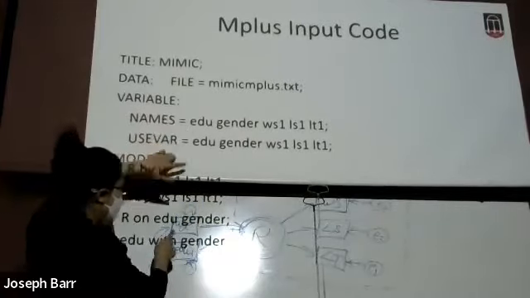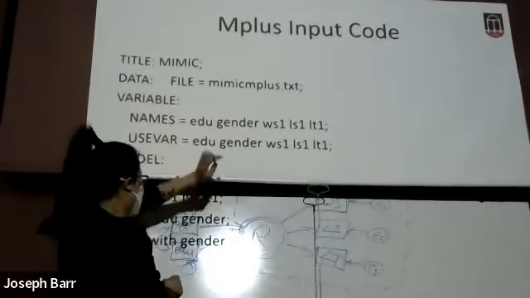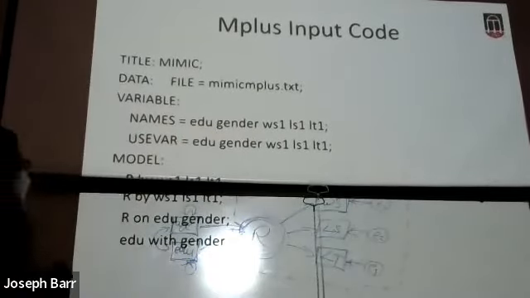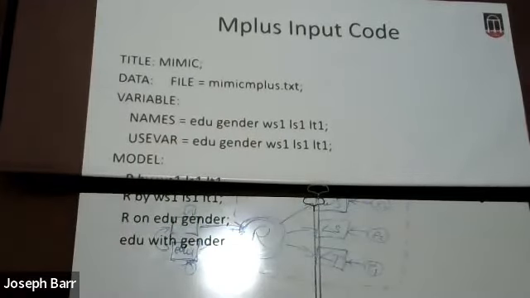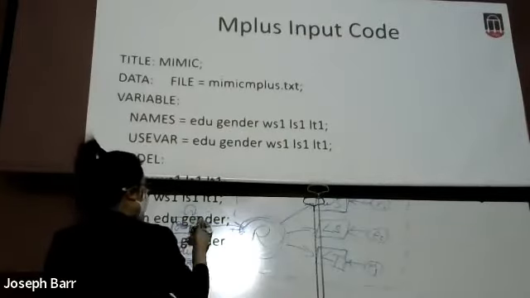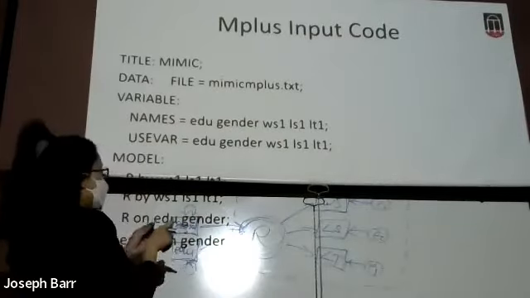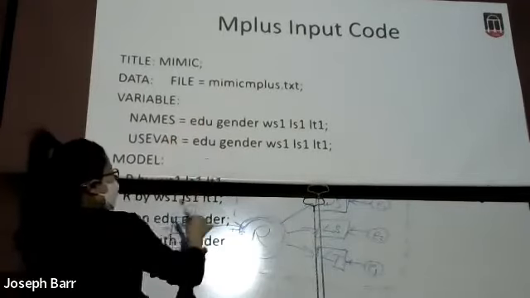So we have EDU here, and it's not age, we use gender instead of age, okay? So we change the variable here, we use gender. Of course, you can use age, okay, but in our code, we use gender. It doesn't matter, you can use age, okay? But just follow the code, okay?